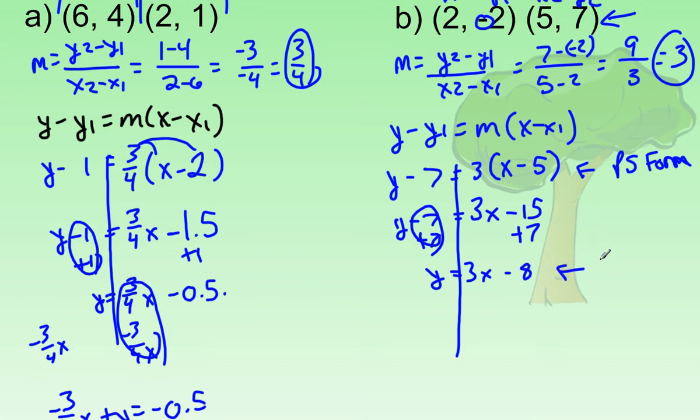This is in slope-intercept form. And to get to standard form, we get the x and the y together. So I'm going to subtract 3x, giving me negative 3x plus y equals negative 8. And that is standard form.